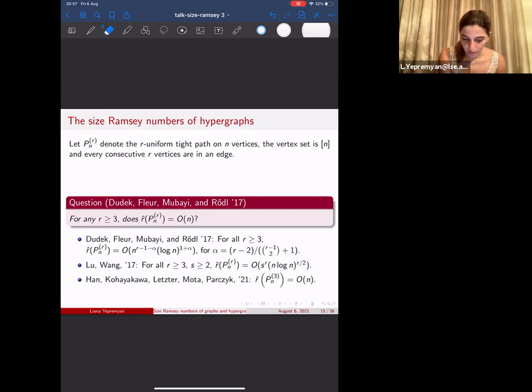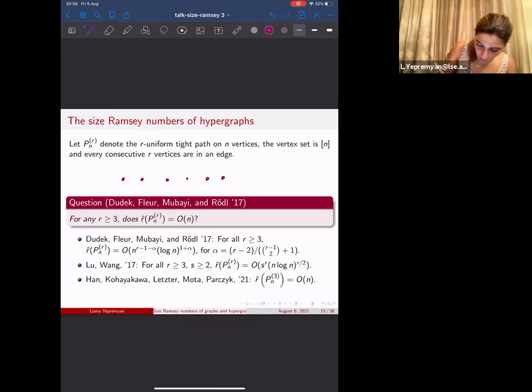And one of the first graphs that they considered was the graph P_n^r. So that's the r-uniform tight path on n vertices. So you have n vertices, and every consecutive r vertices are in an edge. So your vertices are put in order.